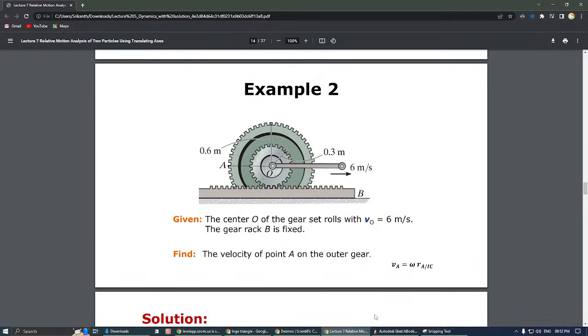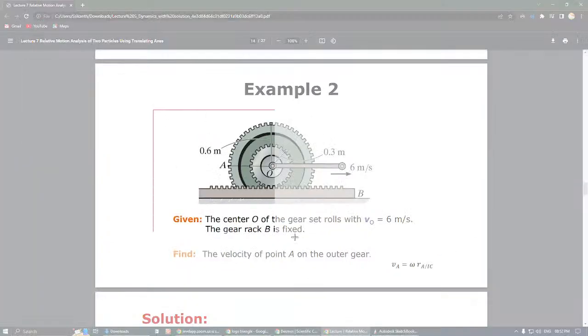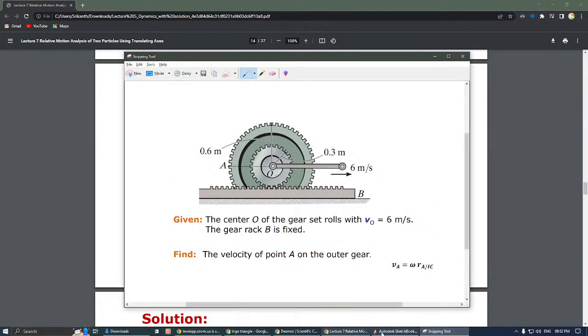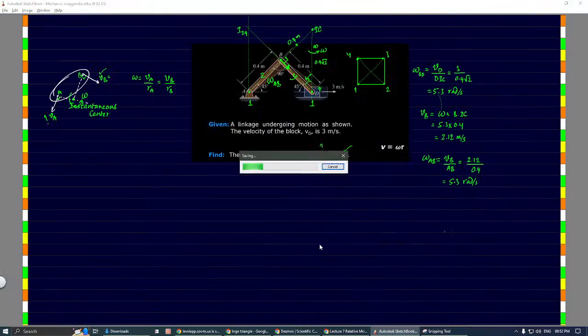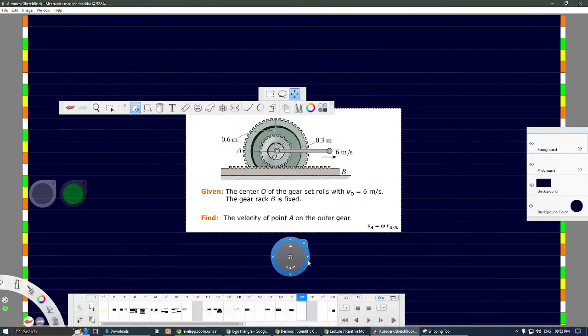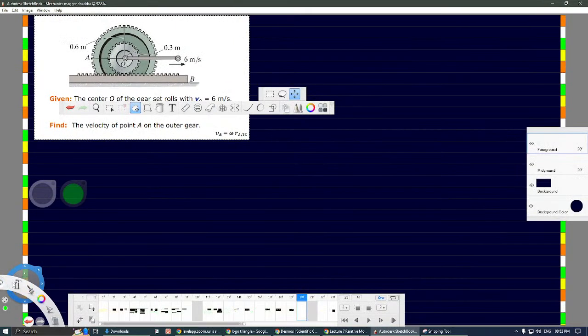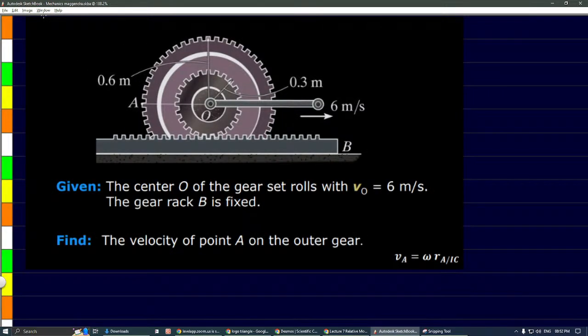Next example. Okay, so we have the center O of the gear set rolls with velocity 6 meter per second.